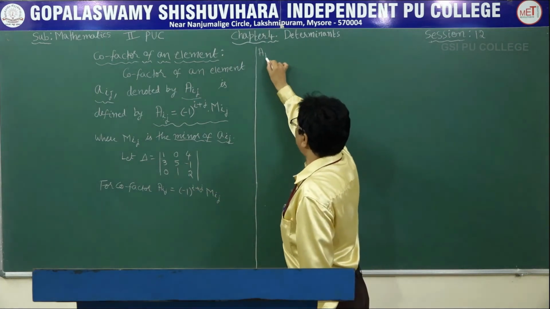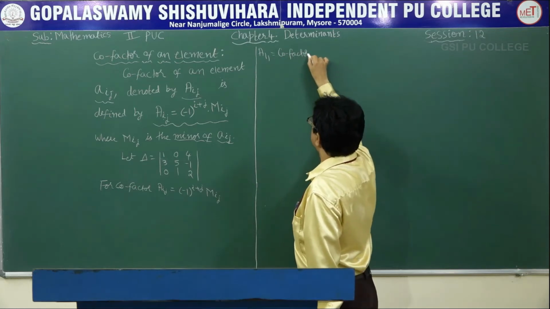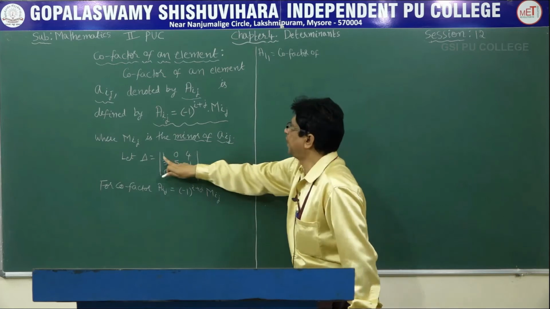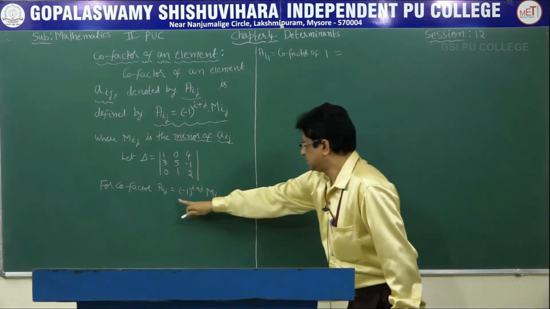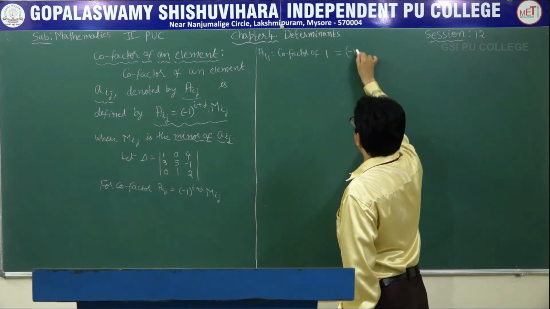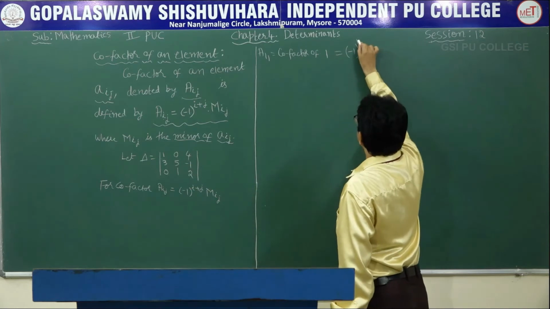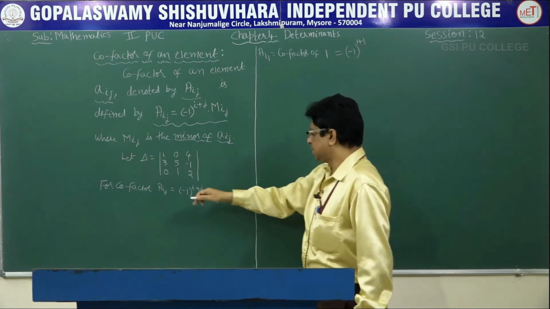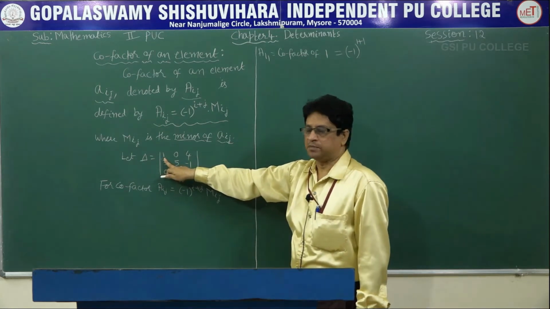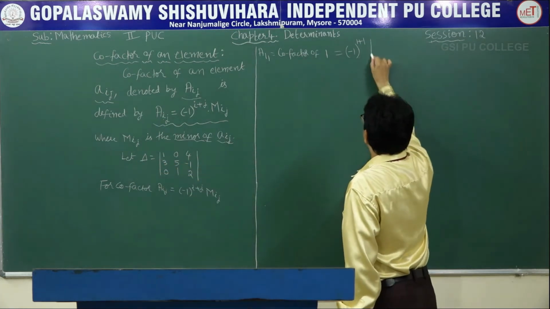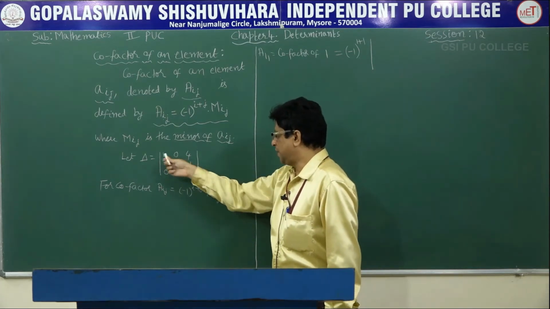So A11 will be equal to the cofactor of 1. That will be equal to (-1) to the power of 1 plus 1, because 1 lies in the first row and first column, into the determinant of the remaining elements after eliminating the first row and first column.